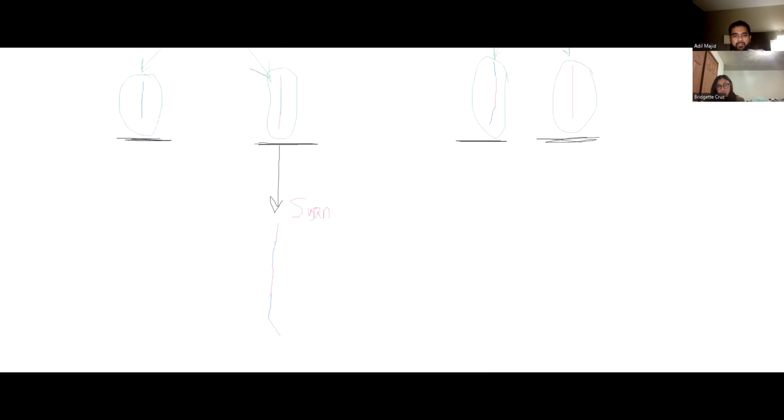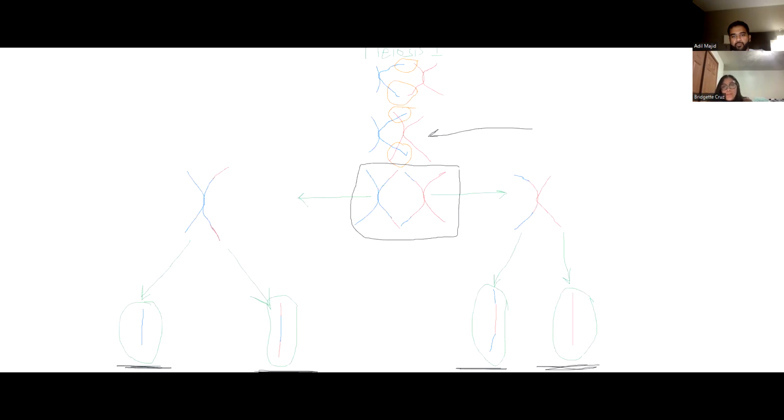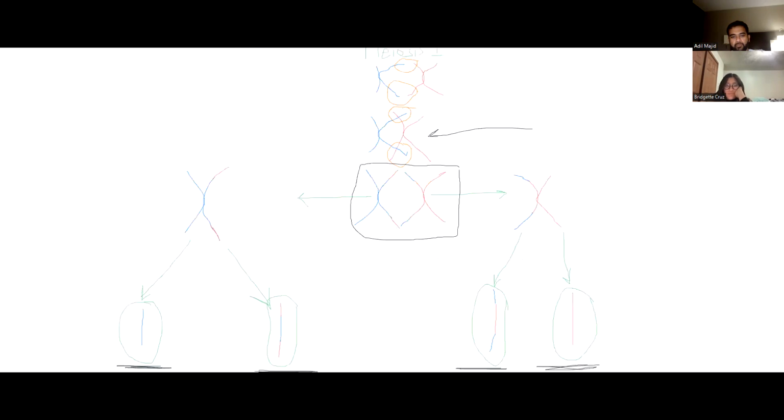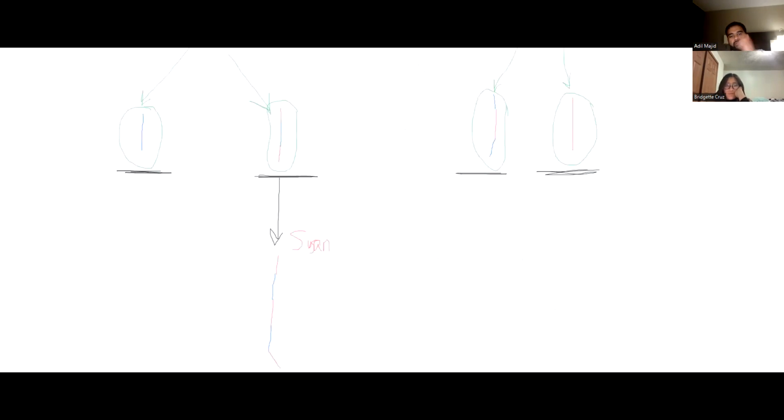Because you can have not just one, you can have multiple crossing over events. It doesn't have to happen just once or twice; it can happen a few times. So let's say it happens such that she has red, blue, red, blue, red.